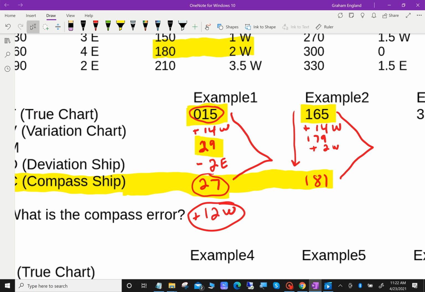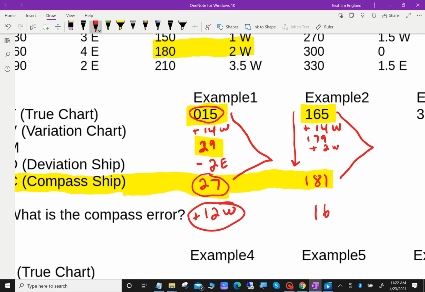But if they ask us what the compass error is, we have to subtract the 2. So 181 minus 165, well, I hope if I did this right, 181 minus 165 equals 16.